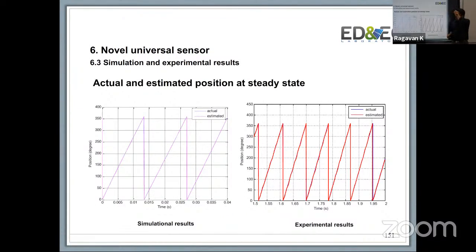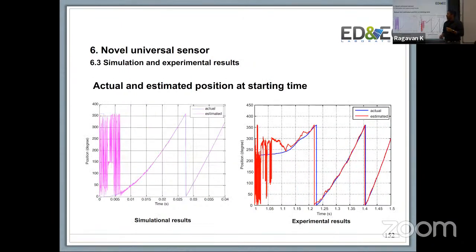When we established this and did a test, this is by the way from hardware, and we tried to recreate the estimated position, we found that it has a very good overlap between the actual position, which we got from the encoder, and the calculated position from our method. Then we looked at the starting point.